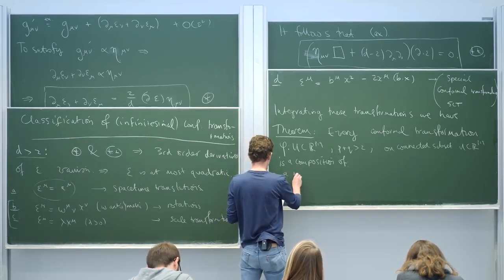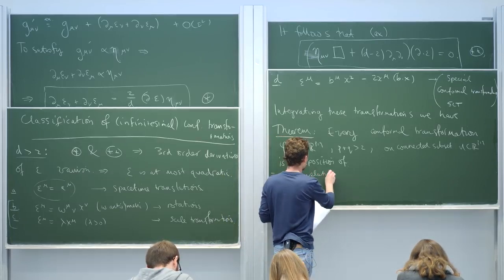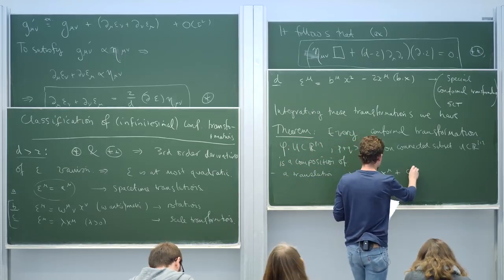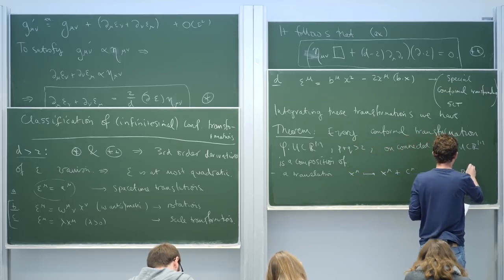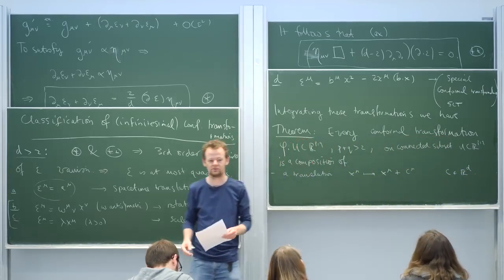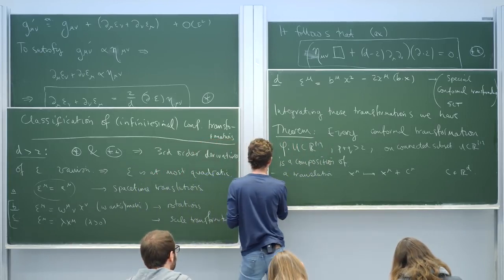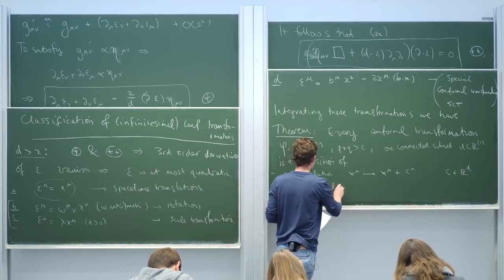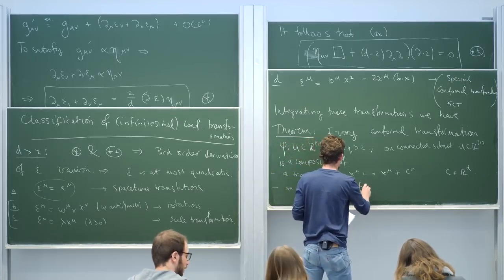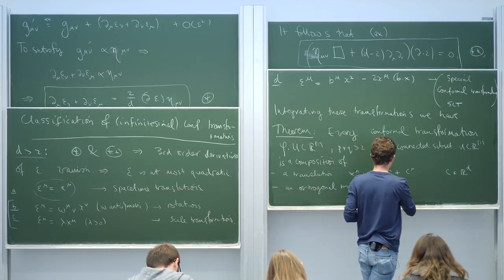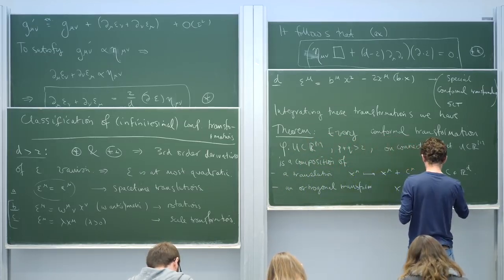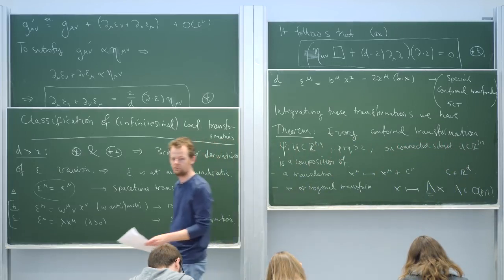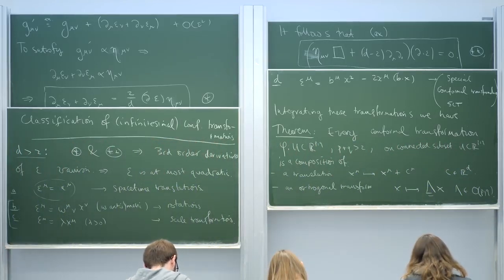A translation. The exponential form of an infinitesimal translation is just a translation. An orthogonal transformation. So an orthogonal transformation lambda is just a d by d matrix which leaves the metric invariant.